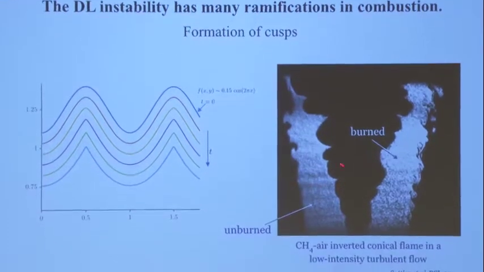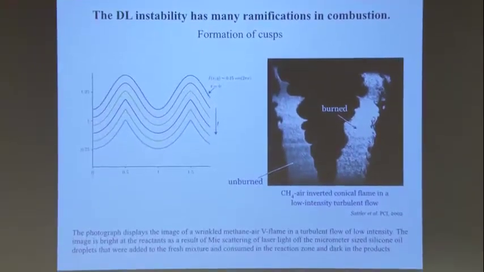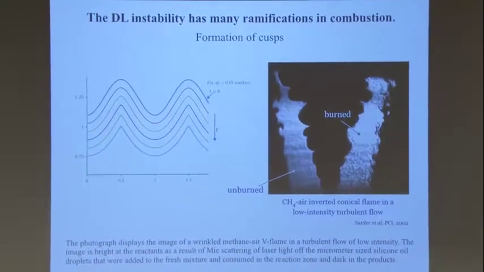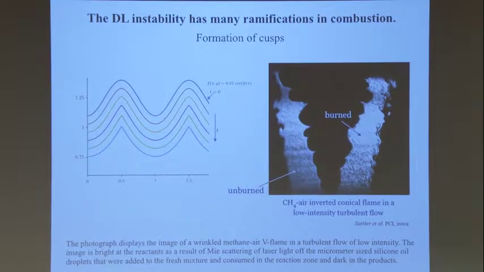You can see them experimentally. This is a V flame. Remember I told you that we can stabilize a Bunsen flame, an inverted Bunsen flame, by a rod at the center. This is exactly what was done here. The flame was seeded with some oil that was seen only in the unburned side, because the particles were essentially burned and so they don't exist on the burned side.